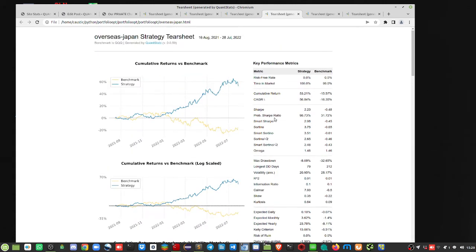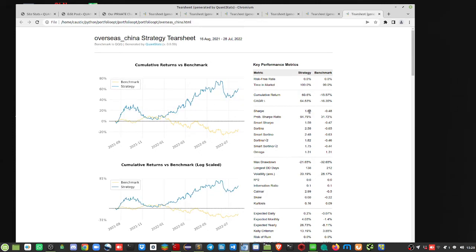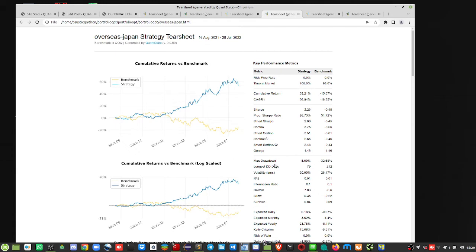Anyways, the Sharpe ratio of Japan, 2.23, very steady, and the Sharpe ratio of China, 1.65, max drawdown at 21%, and same thing with Japan, it's -8. So again, important information to know.